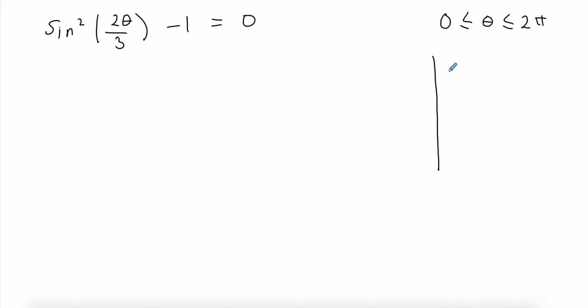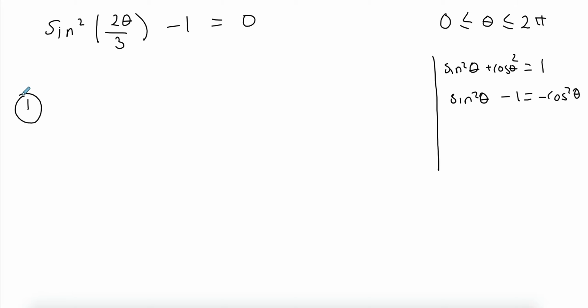Just keep in mind that sine squared theta plus cos squared theta equals 1. If I take the cos squared theta to the other side and 1 to this side, I'm going to get negative cos squared theta. So this whole thing is actually equal to negative cos squared theta, so you can actually solve it with a cos. But I'm going to do it for sine, and then I'd encourage you to do it for cos.